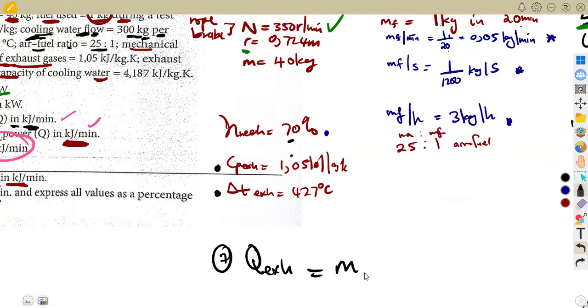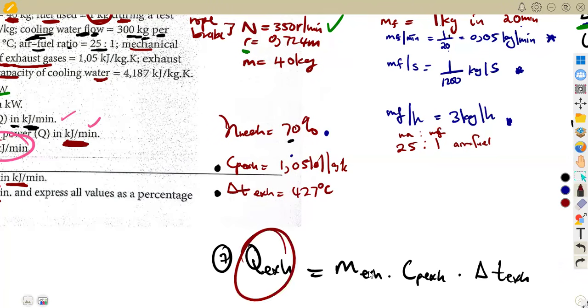But this one will be the mass of the exhaust gases times the specific heat capacity of the exhaust gases times the change in temperature of the exhaust gases. Where is this one taken from?